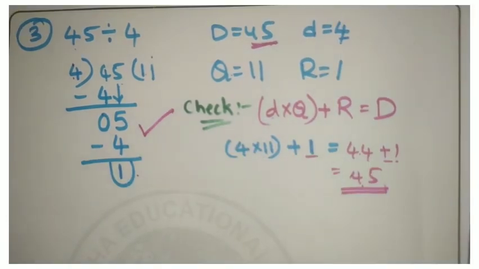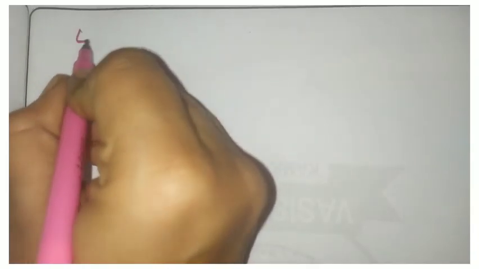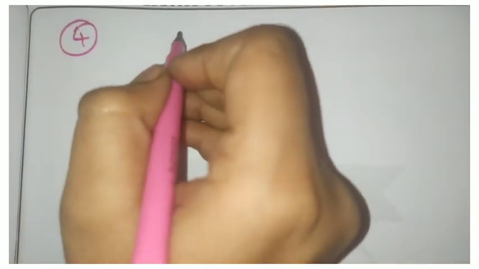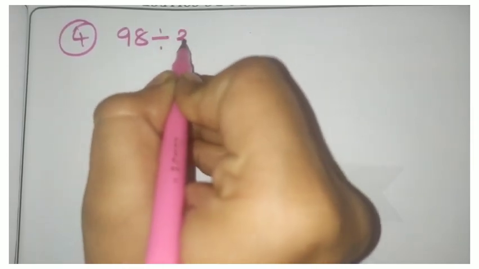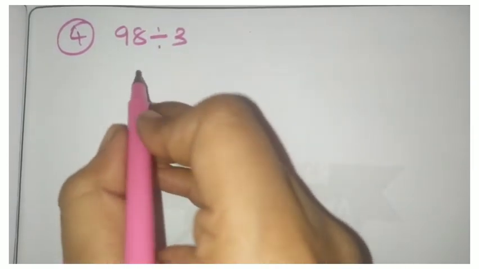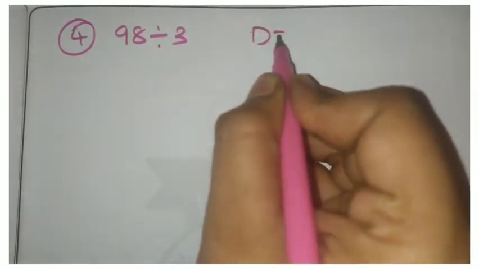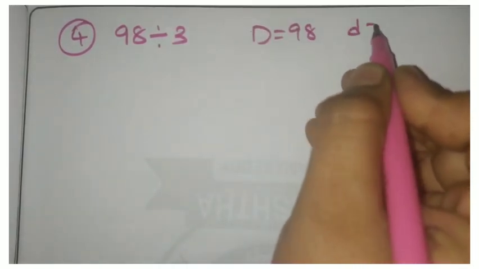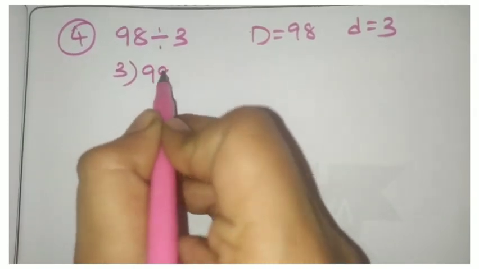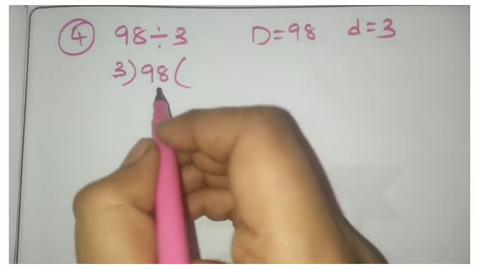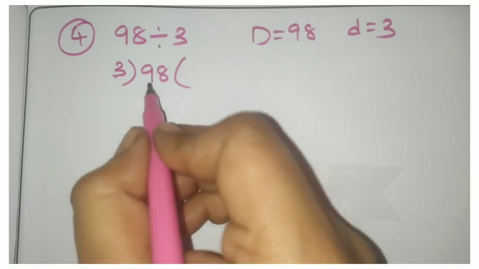Okay, now I will explain one more example for you. Fourth example. For example, 98 divided by 3. So here capital D is 98 and small d is 3. Okay, look, in the 3 table we will get 9.